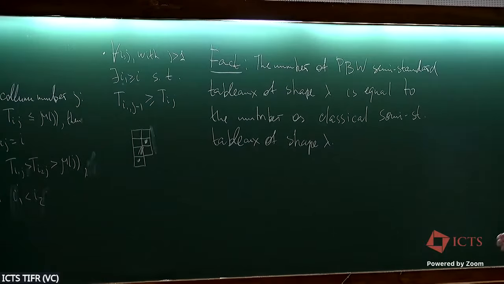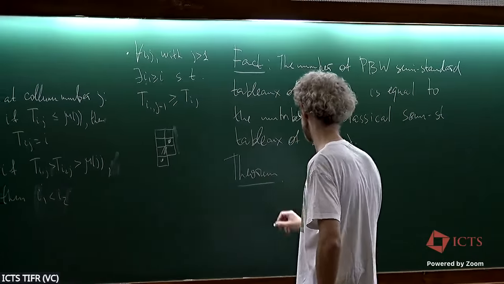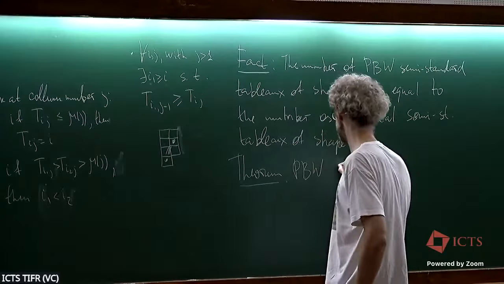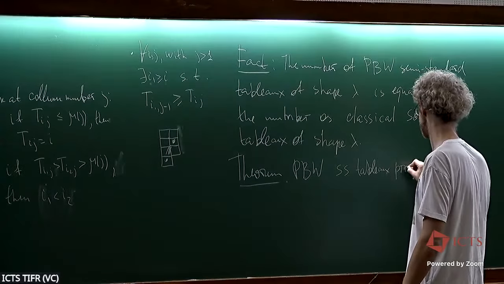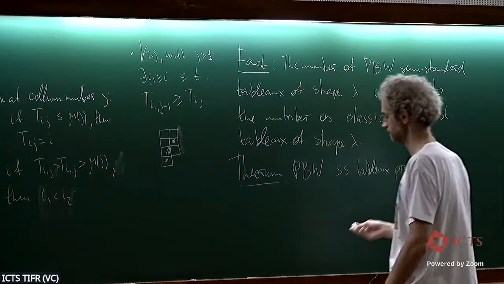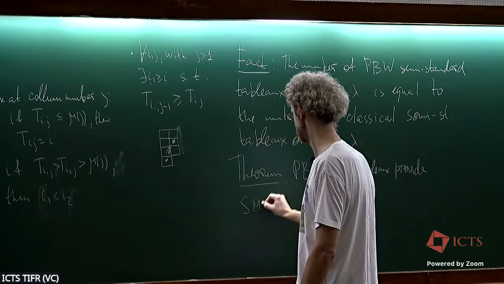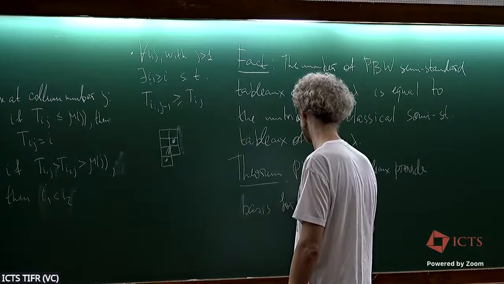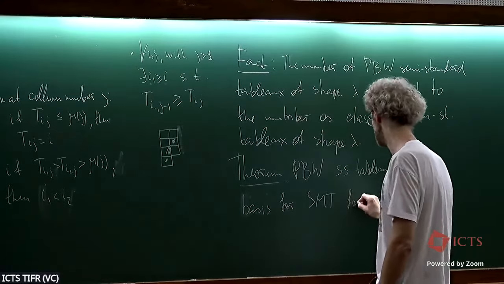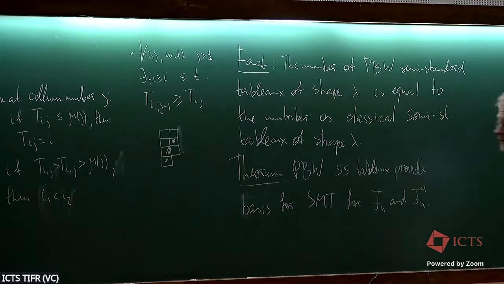And what is more important is the following theorem: that PBW semi-standard tableaux provide a basis, or standard monomial basis, for the standard monomial theory for both F_n and F_n^a.